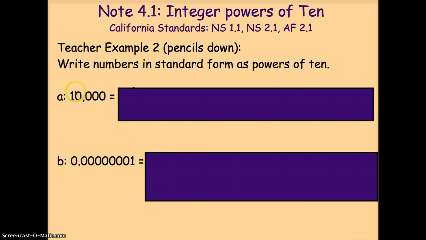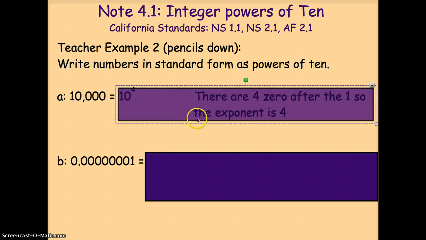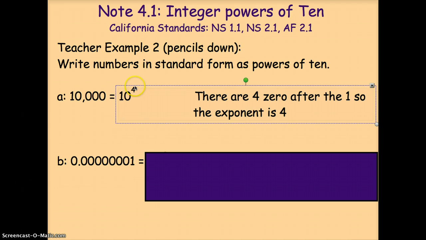Now we're doing the other way around. We've got them in decimal form, both of these numbers. They're in standard form, and we want to turn them into powers of 10. So again, the easiest way is just to count the zeros. In this problem here, I can see I've got 4 zeros, so I know I'm going to have an exponent of 4. Here, I need to count all the zeros.